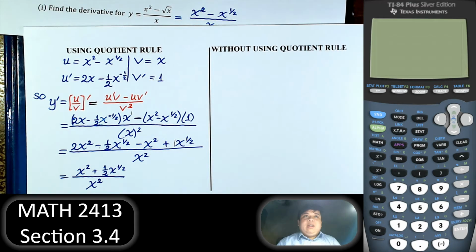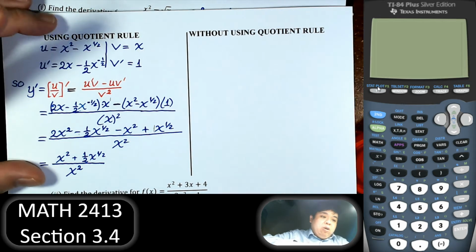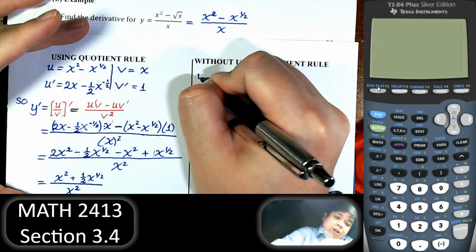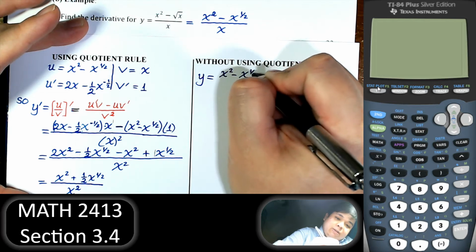Right, just keep it like this for a moment. We might get back to this later. But now let's do it without the quotient rule. So y equals x squared minus x to the 1/2 over x.